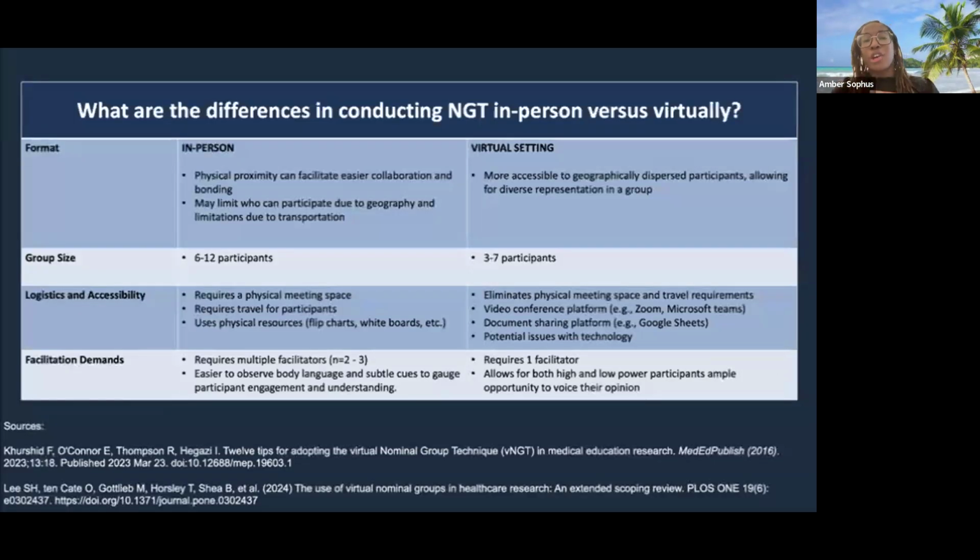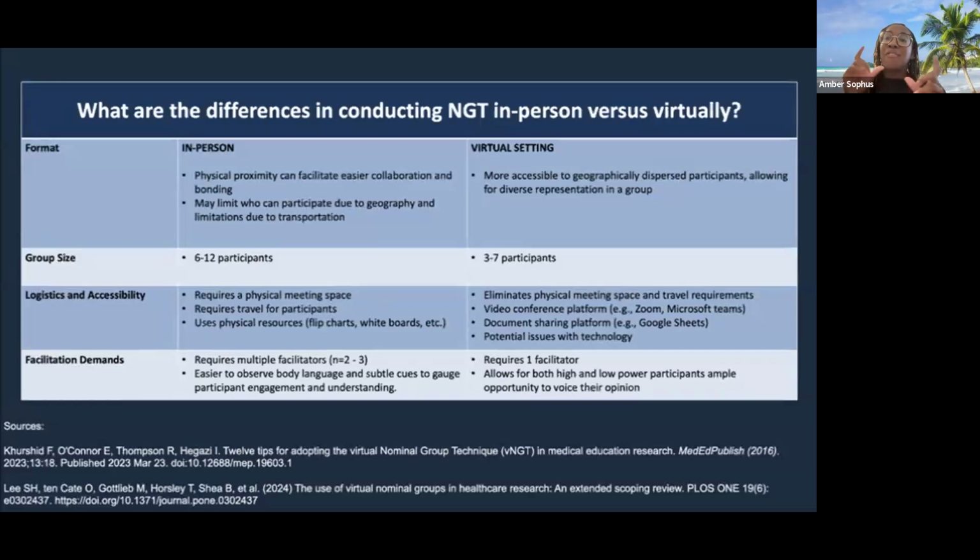And if you look through the literature, when you do an NGT in person, you can be done with a big group, but if we're talking about public health research, it's usually 6 to 12 individuals, which may seem like a lot, but in the virtual space, you do want to bring that down to about 3 to 7.